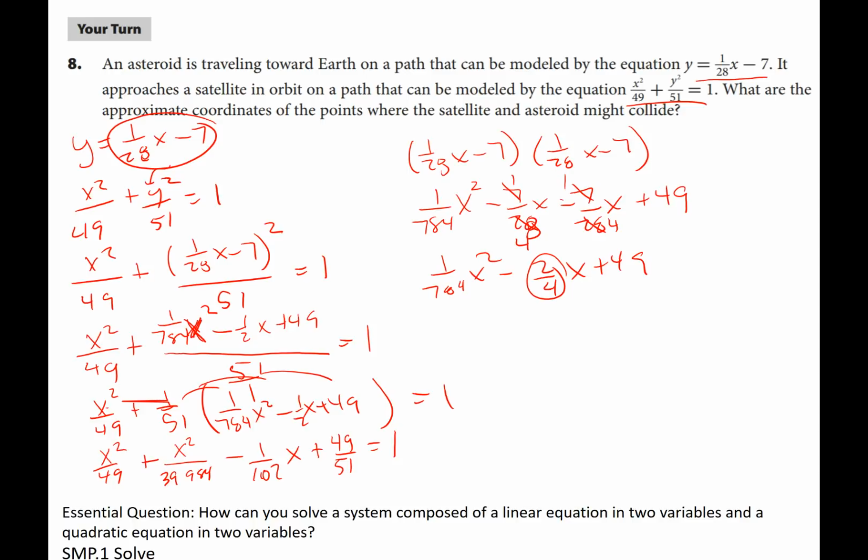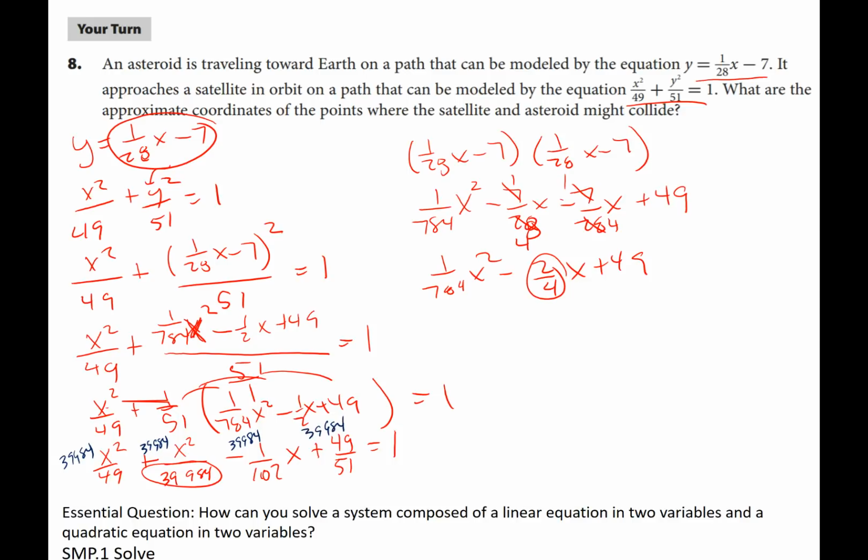Perfect. This number here, I just checked it in my calculator, happens to be the least common denominator. So what we're going to do is multiply everything by that 39984. The way that I checked that was I took each one of those denominators and divided it into that.